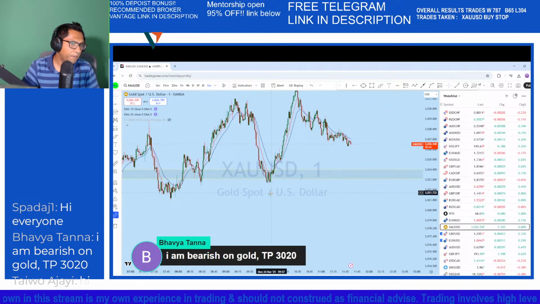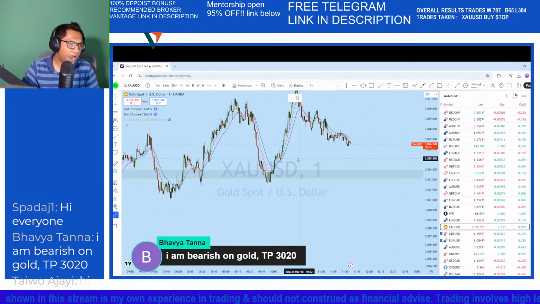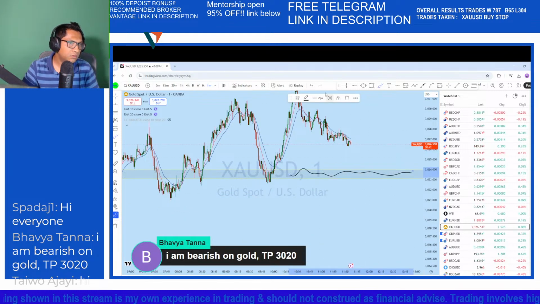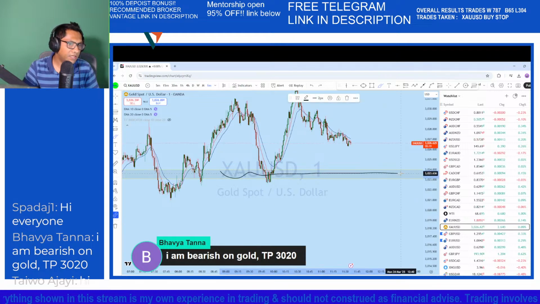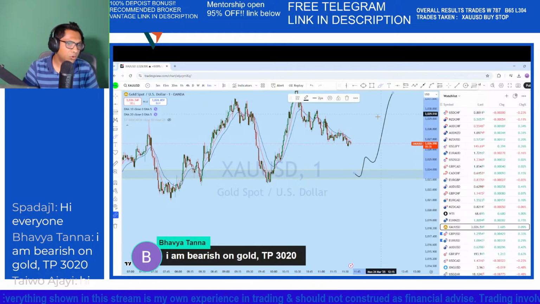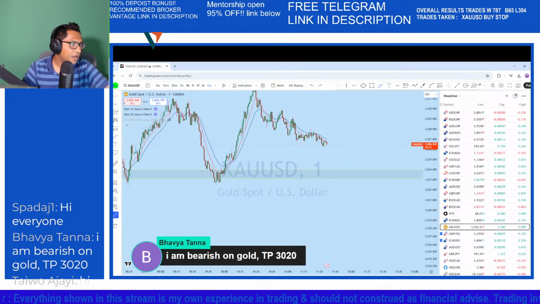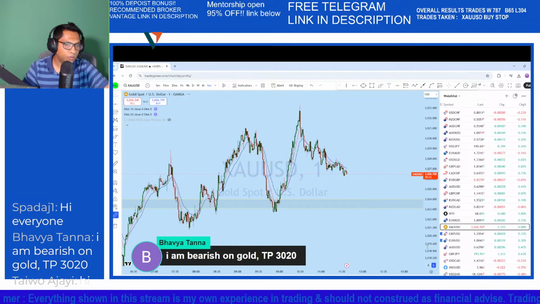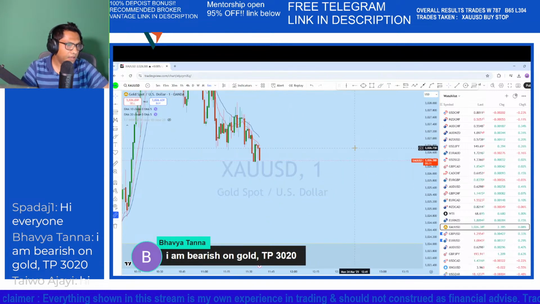So breaking any of these lows, or coming into that zone, can give that entry opportunity in this market.